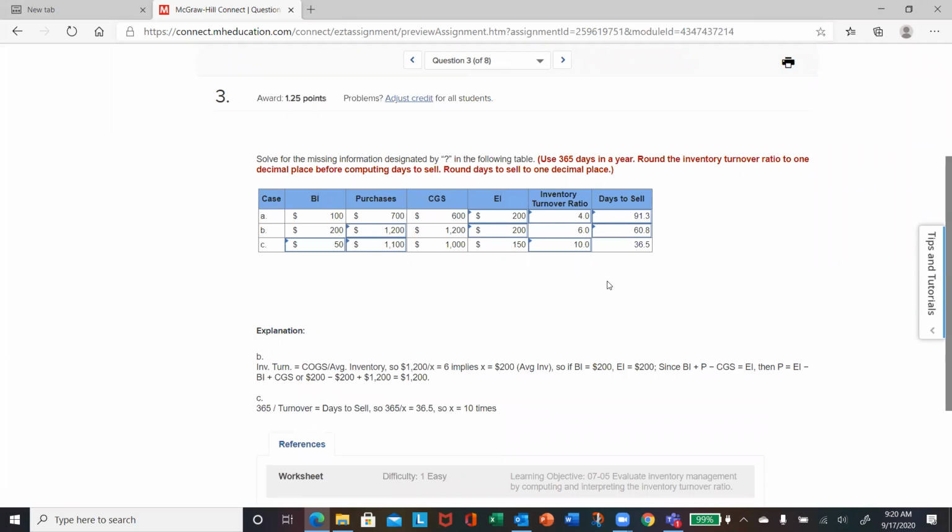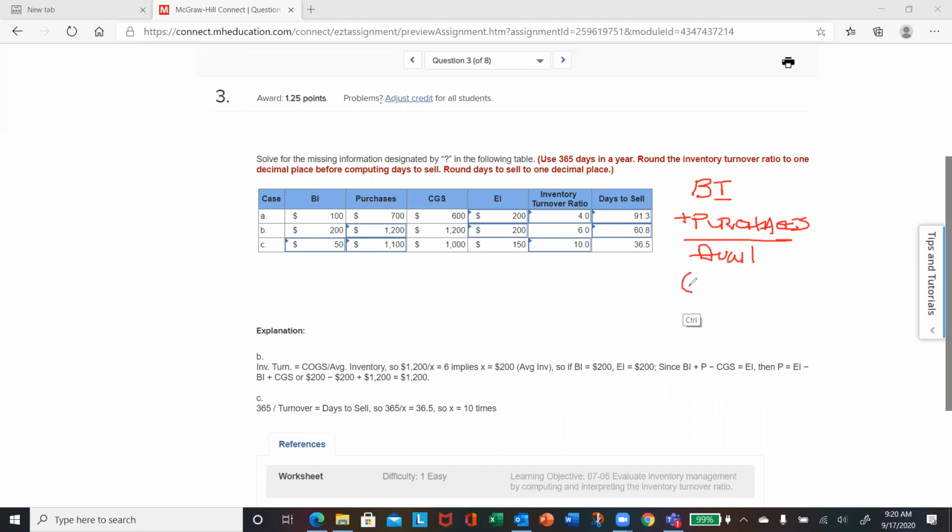On this one, they want you to solve for some of the missing information designated by the question mark. Since these are the answers, I'm just going to remind you of the formula that you go through to do the calculation. Remember the relationship: beginning inventory plus your purchases equals your goods available.